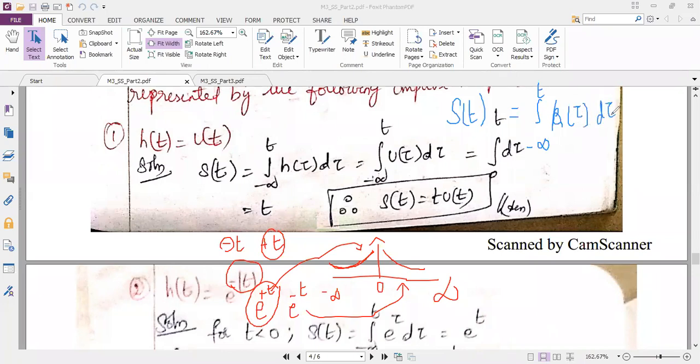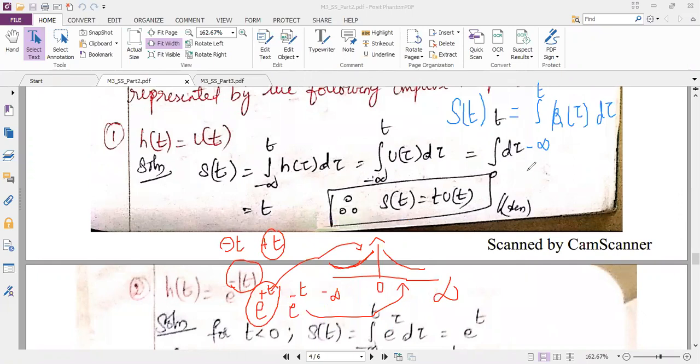So now what I am going to do is, I have two ranges of t here. So I can take one range is t less than 0, the other range is t greater than or equal to 0. So if you get the graph having the signal on both the sides of x-axis, that means positive x-axis, negative x-axis, your integration also you have to do separately. It is not a single integration.